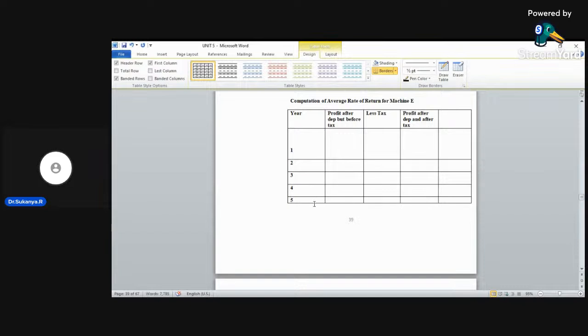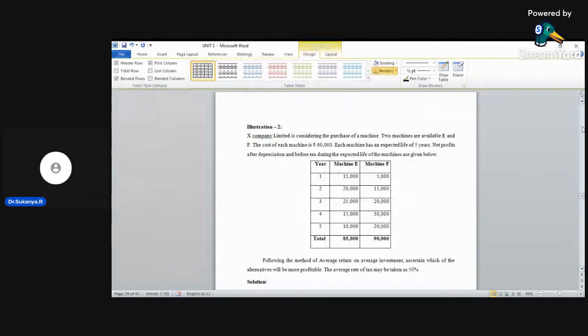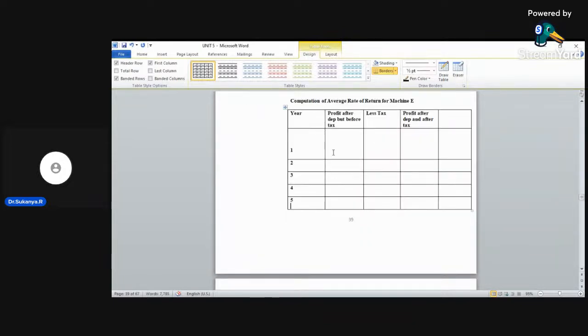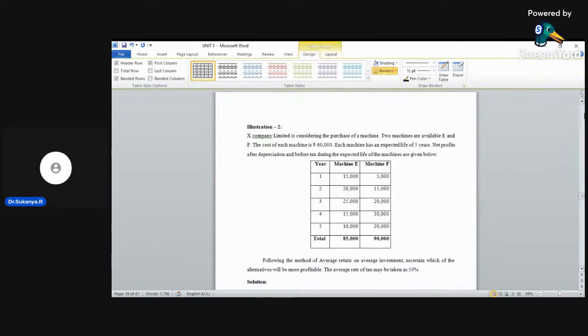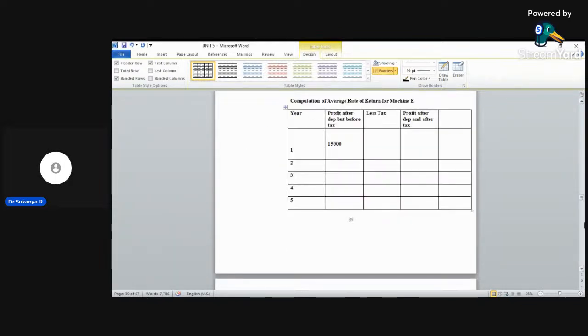Now let us see what cash inflows they have given in the question. The cash inflows are 15,000 in the first year, 20,000 in the second year, 25,000 next, then 15,000 and 10,000. Okay. Now you have to reduce the tax.